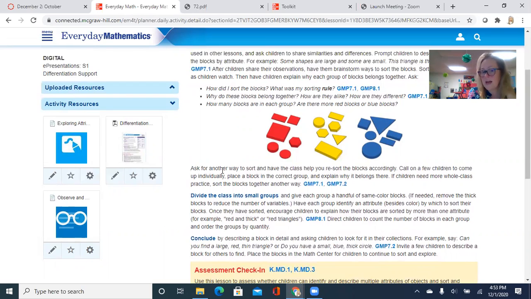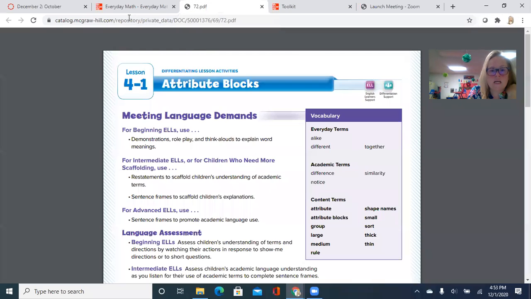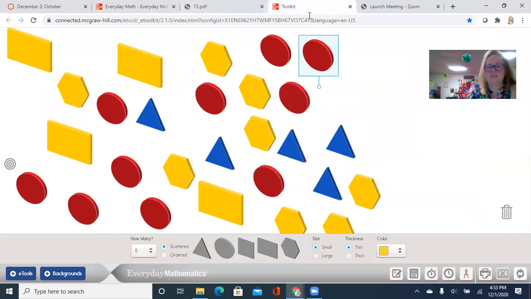Now, the three colors we have, you see pictured here, are red, yellow, and blue, okay? So let me show you what I have here on the virtual side. This is not it. This is it, okay? I've got my shapes. And so when we talk about sorting, a lot of times the easiest thing to do is to sort by color. Well, in this case, when we sort by color, friends, we are going to sort by shapes, kind of, okay?